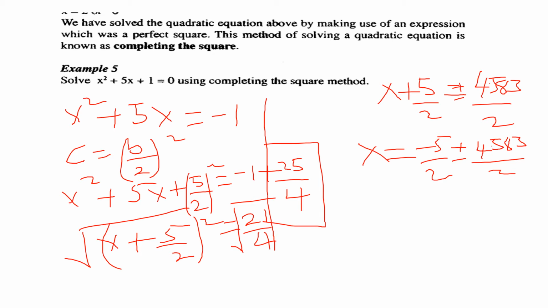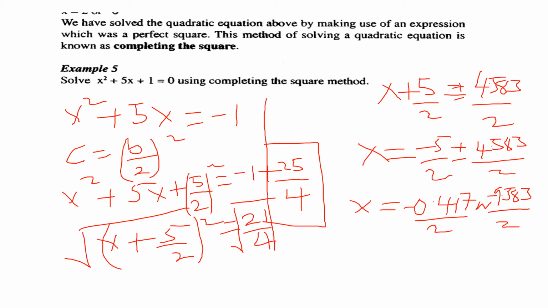So you can get the value of x being equivalent to negative 0.417 divided by 2, or you can have it being maybe negative 9.583 divided by 2.